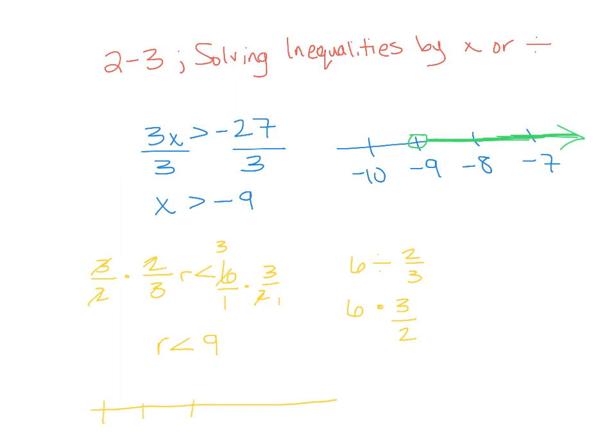This says the number is less than 9, and we can do 6, 7, 8, 9, 10, 11. And we put the circle over 9. It is open because it's not an equal to. And then our arrow goes to the left, because if you were to move this down here, it would fit nicely down on the left-hand side.